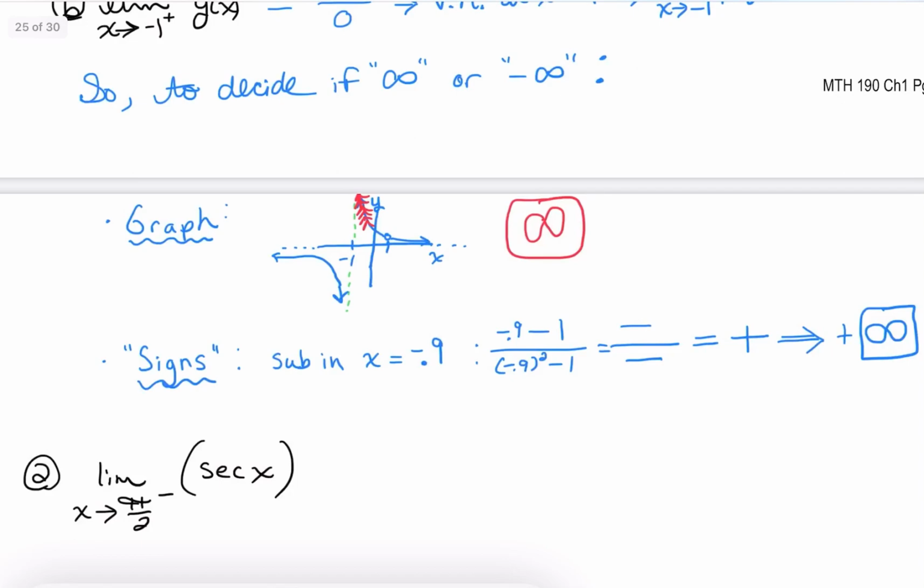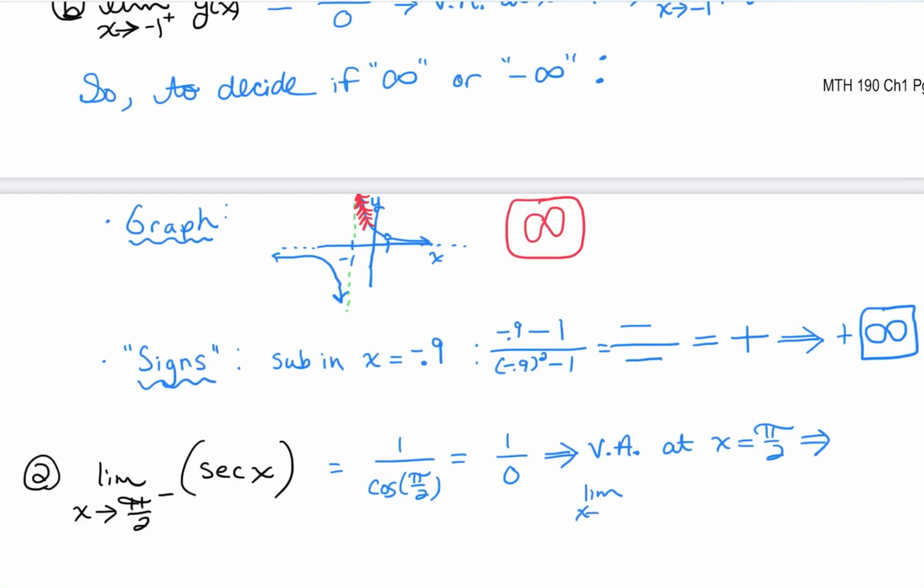So we would start with direct substitution, right? And we would think of secant as 1 over cosine, and we would sub in our pi over 2, but cosine at pi over 2 is 0. But I've just gotten a non-zero number over 0, so this tells me I have a vertical asymptote at x equals pi over 2, and this means that my limit as x approaches pi over 2 from the left is either going to be infinity or negative infinity.